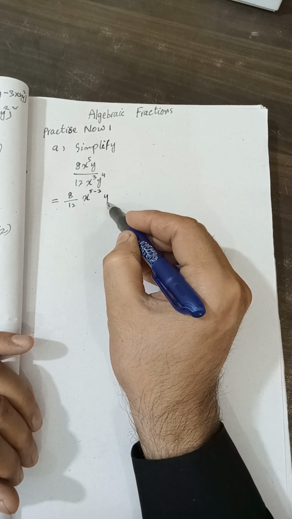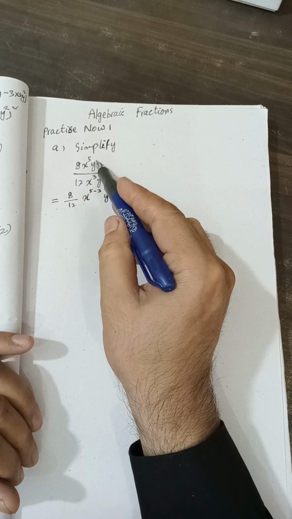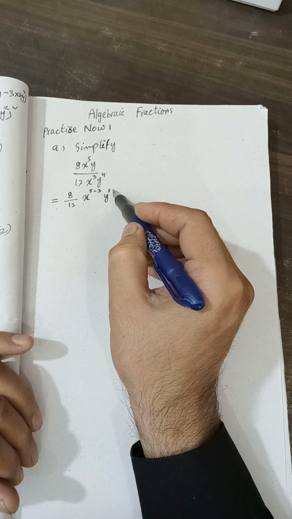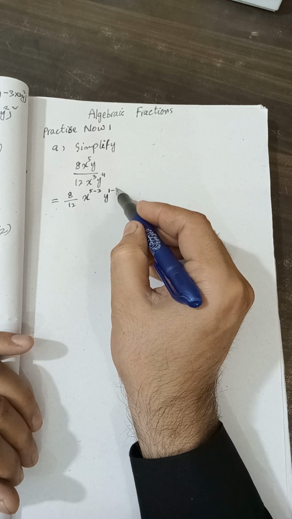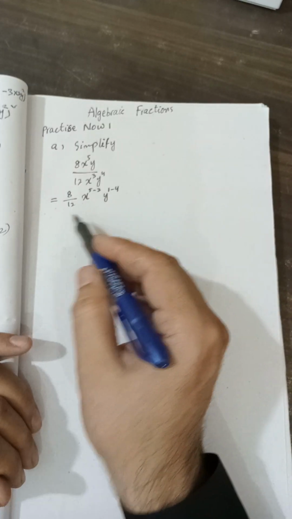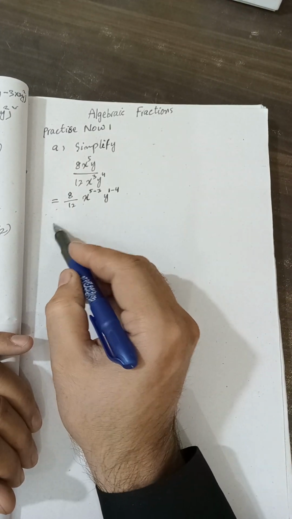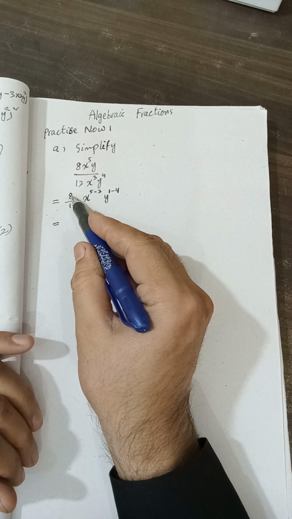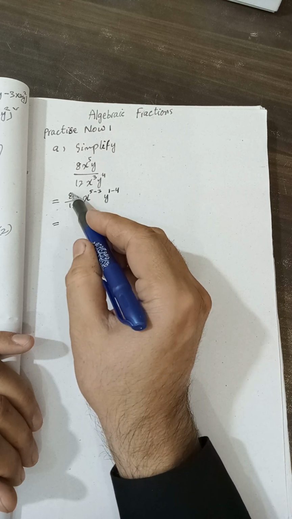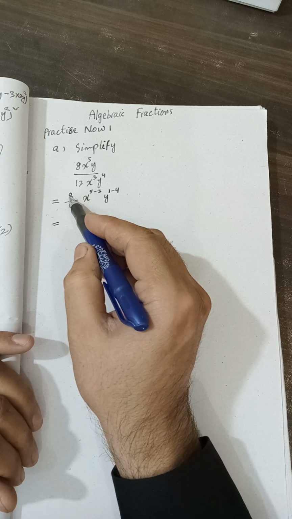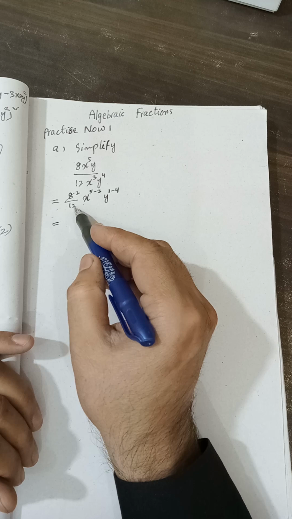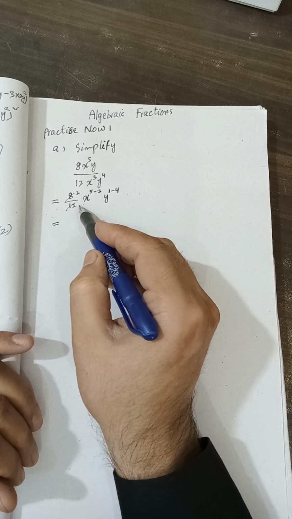Then the second base is y with degree 1 here. I have written here 1, and this 4 will become minus 4 when it is carried to the numerator. So this becomes simple. Now you can write 8 over 12 by cancelling it. 4 2s are 8, because 4 can divide these two numbers. 4 2s are 8 and 4 3s are 12.